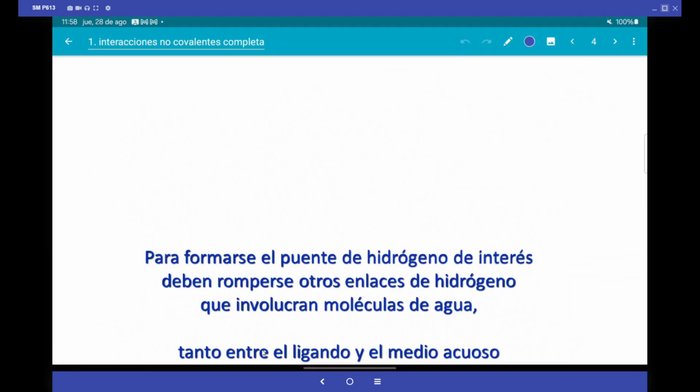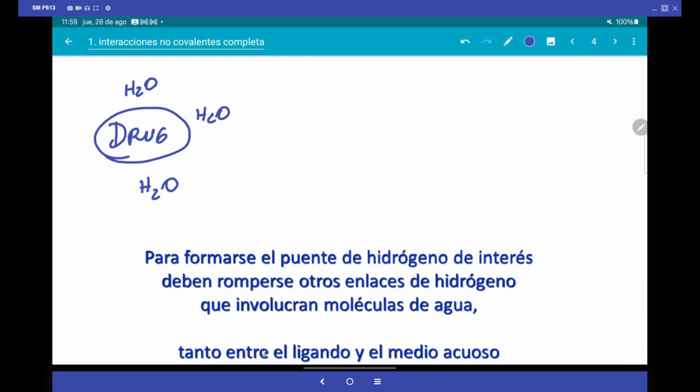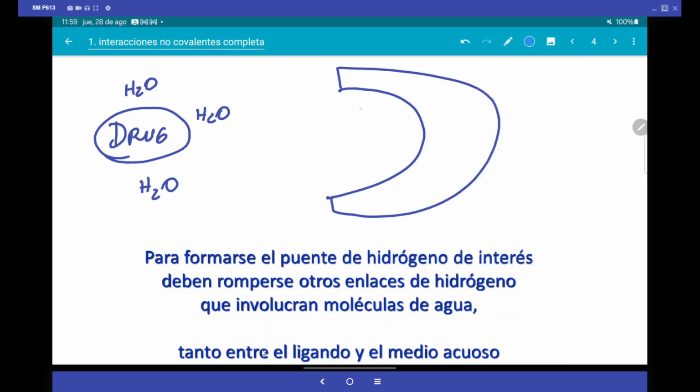When one has the drug that is going to join the protein, the drug travels solvated by water molecules. On the other hand, we have the cavity of the protein that the drug is going to receive, and what is inside the cavity is water. So for the intermolecular interaction to occur, the drug has to desolvate, as does the cavity of the protein, and the water has to come out.